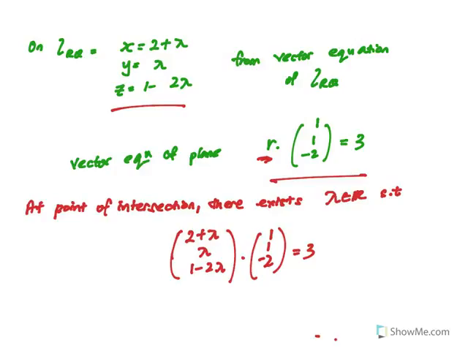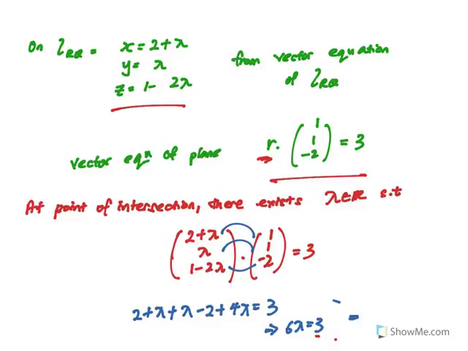From here you take the dot product, and you have 2 plus lambda plus lambda minus 2 plus 4 lambda equals 3. This gives you 6 lambda equals 3, so lambda equals 0.5. Substituting lambda equals 0.5 back, x equals 2.5, y equals 0.5, z equals 0.